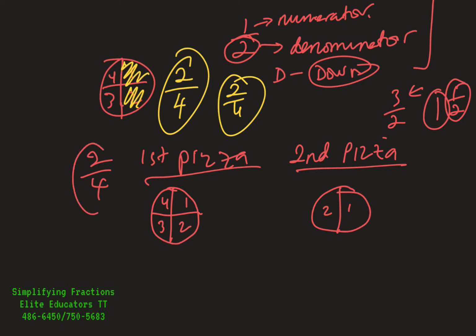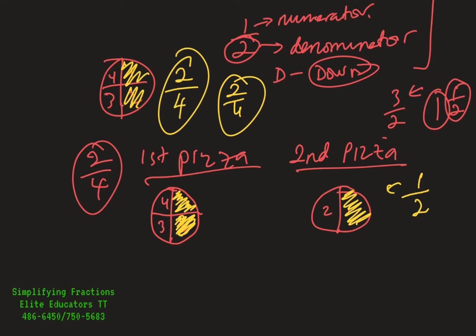Now, we know that for the first one, the person took 2 slices out of 4. So let's just shade that in yellow. So you guys see that this is basically half of the pizza, right? However, in this other pizza, what if the brother or sister just came and took 1 slice? This would be 1 out of 2 slices.